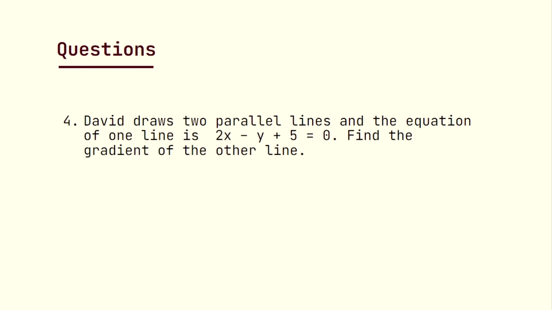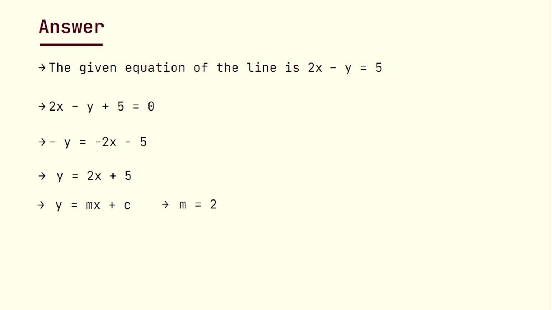Minus y equals -2 times x minus 5. So y equals 2 times x plus 5. From this equation, we know that the equation of a line is y equals m times x plus c. So m is 2, or the gradient is 2.